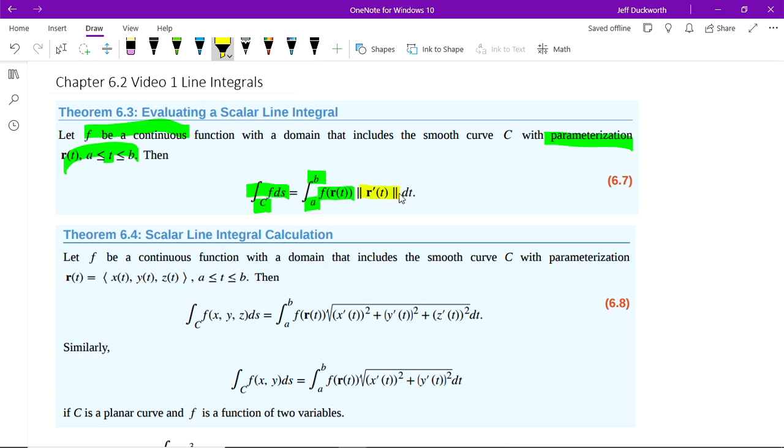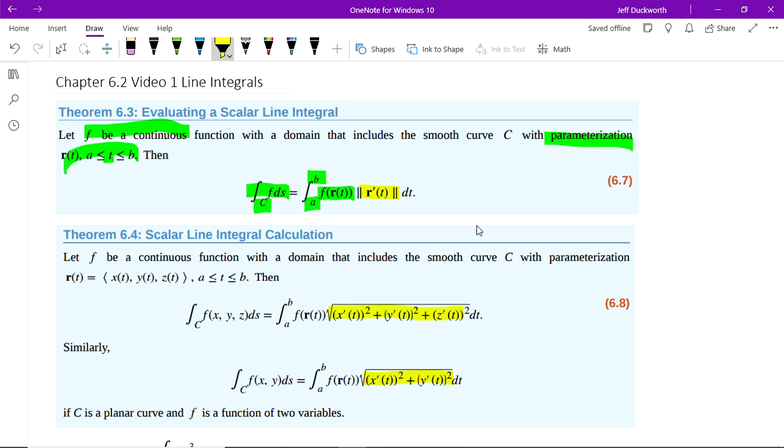We have the double vertical lines indicating the magnitude of the derivative, and that magnitude will look something like this, either this for three variables or this next one for two variables. Again, that's the formula for the magnitude. You take each part of the vector, the x part, the y part, and the z part if you have three. You take those derivatives, you square those derivatives, add them up and take the square root. That's how we find the magnitude.